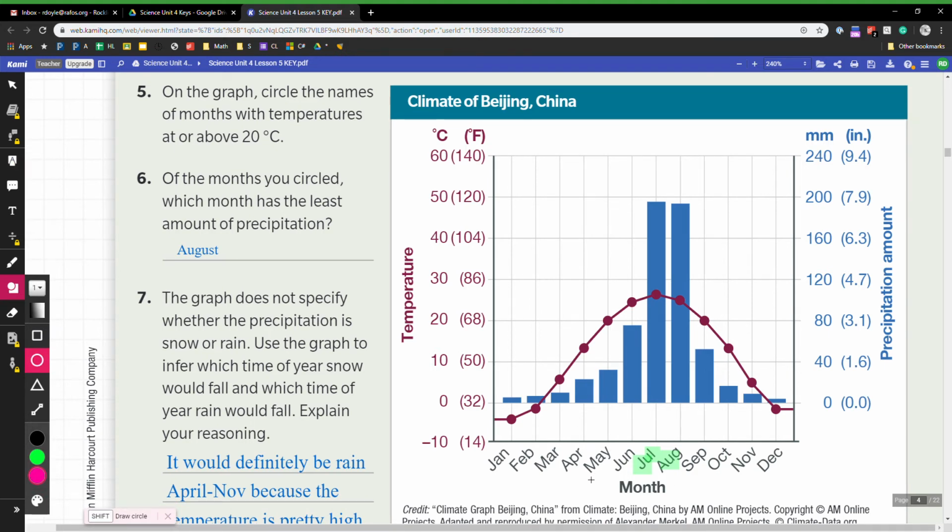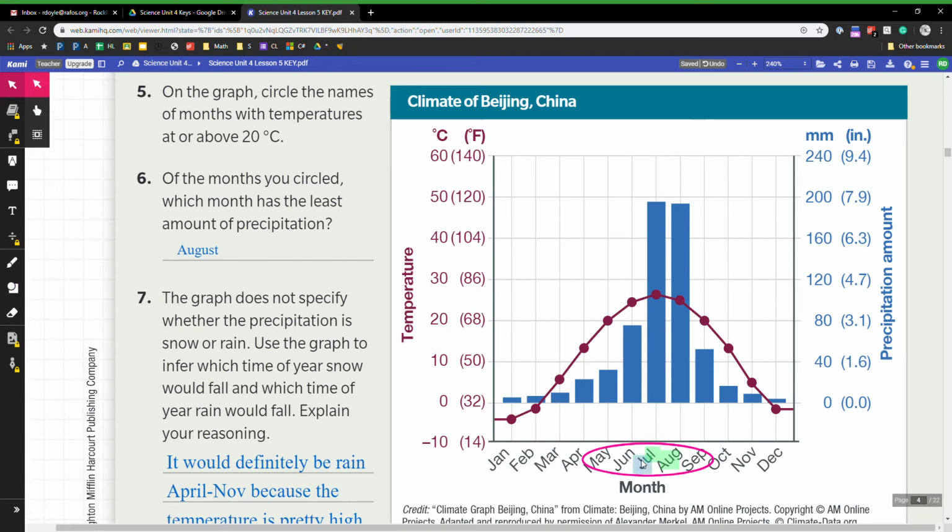I highlighted them at first, but it should be May through September that should be circled. Let me delete these other ones, because I was flip-flopping. I was looking at the bars, not the lines. But again, the bars going up are the precipitation, and the line graph part is the temperature.